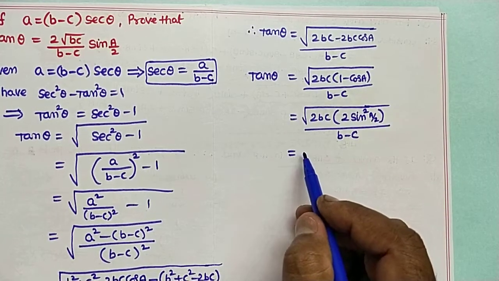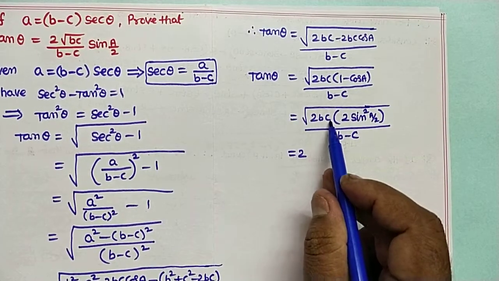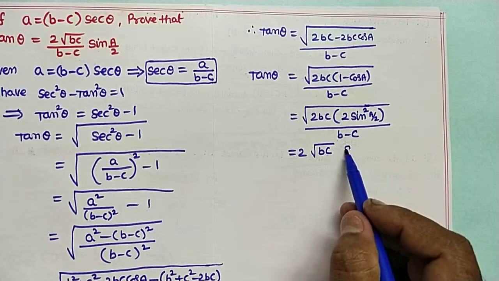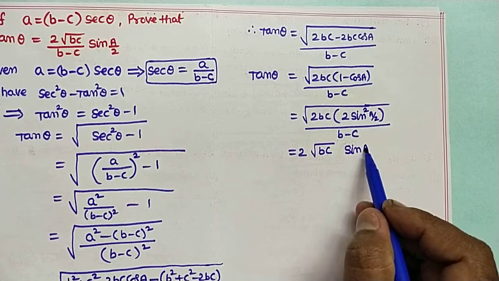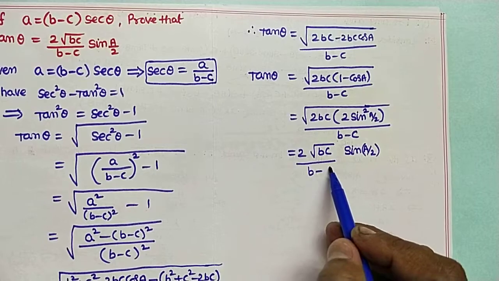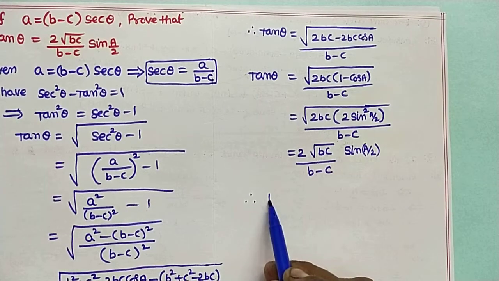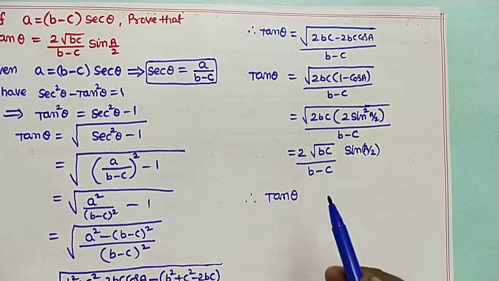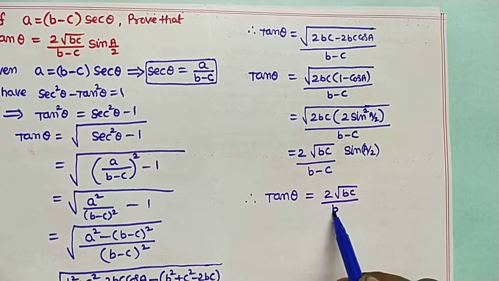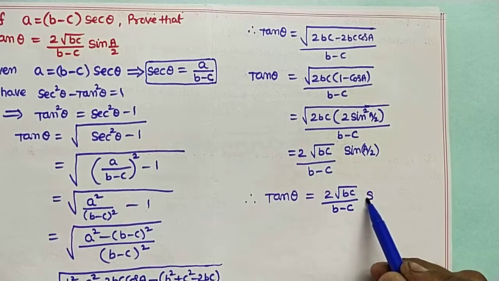It will become 2 root bc. Root and square cancel, sin A by 2, by b minus c. Therefore, tan theta equals 2 root bc divided by b minus c into sin A by 2.